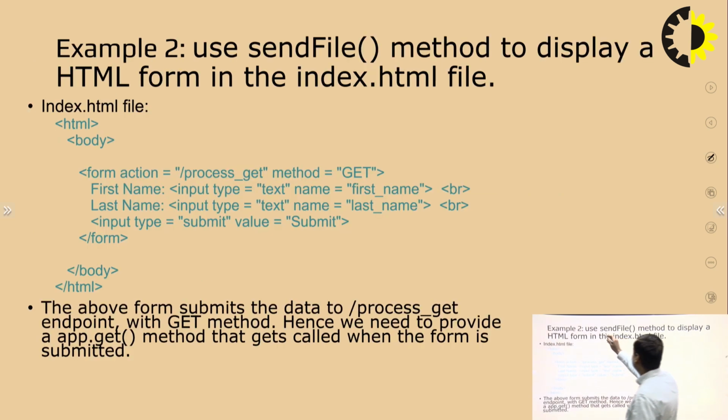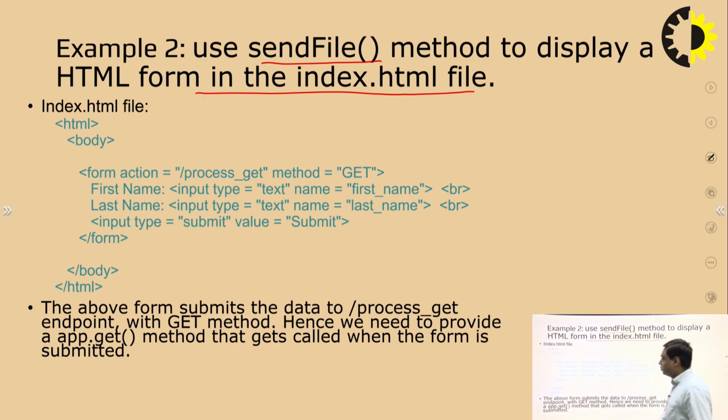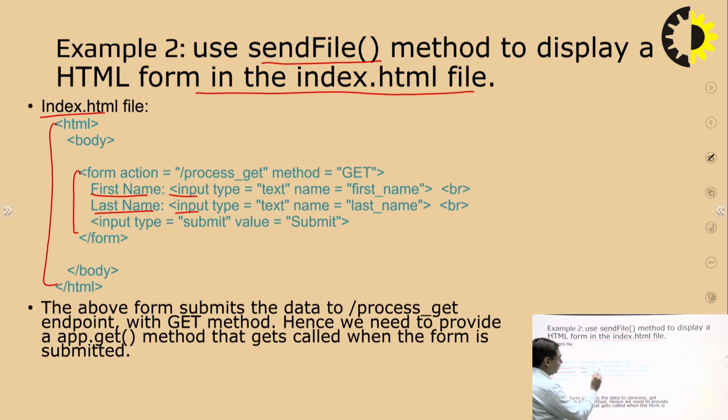Use the sendFile method to display the HTML form in the index.html file. So it is an index.html and it has an HTML program. This HTML program consists of a form with first name and last name, 2 labels, and it will take 2 text boxes with the help of the input tag, text box 1 and text box 2.